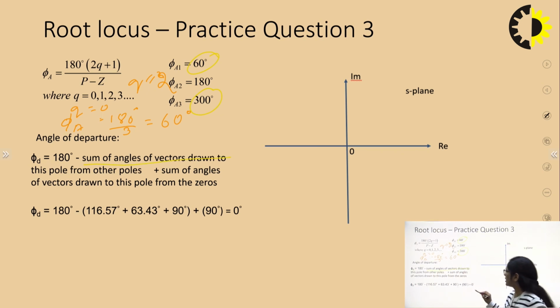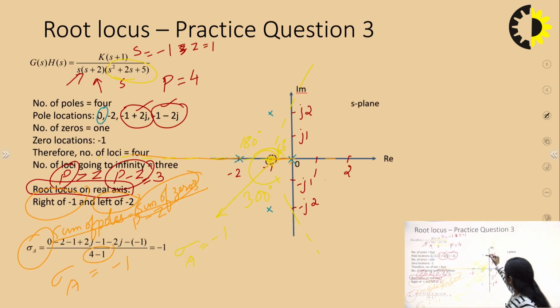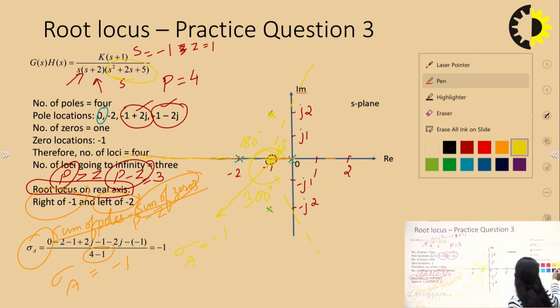Since we are talking about the complex pole, we are talking about this pole. We are talking about these 2 complex poles. We need to find the angle of departure. So first we need to draw the vectors.